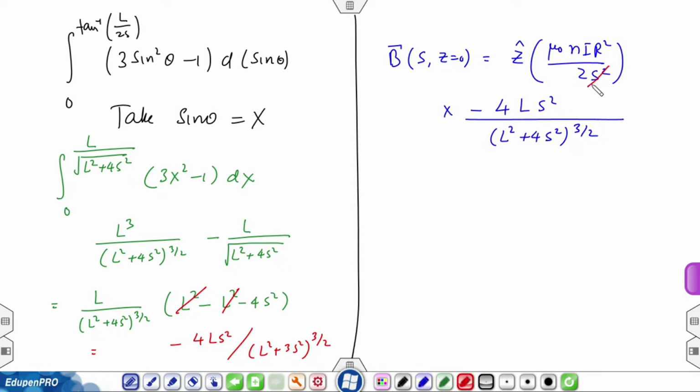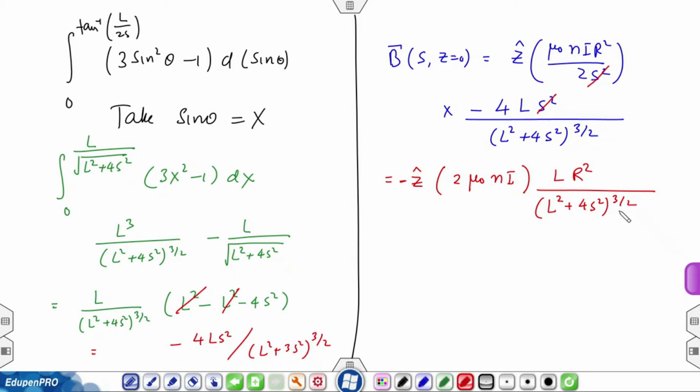This s² cancels and you get the answer in the negative z direction, 2μ₀ n I. I will take r² out, L r² divided by (L² + 4s²)^(3/2). That is your answer.